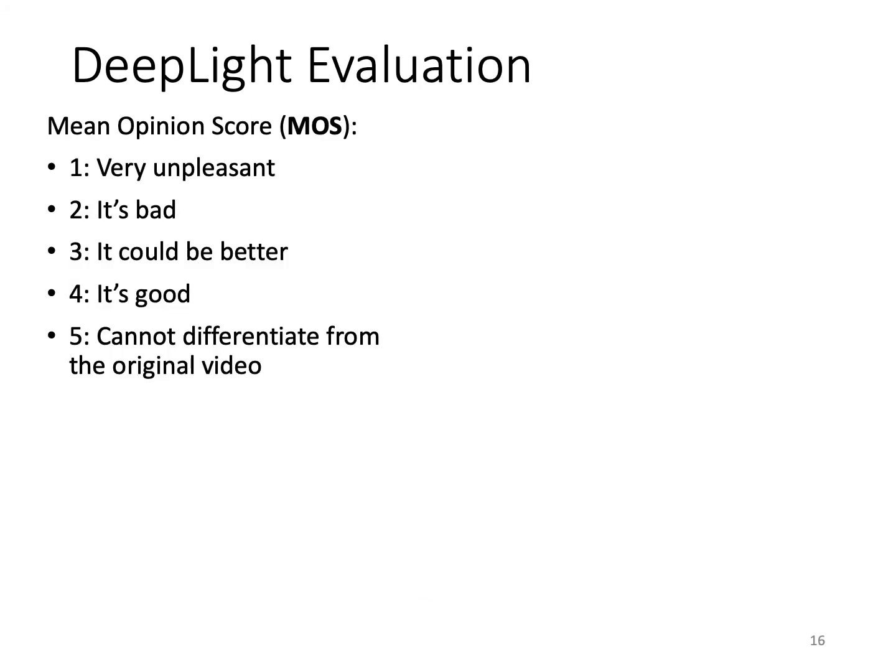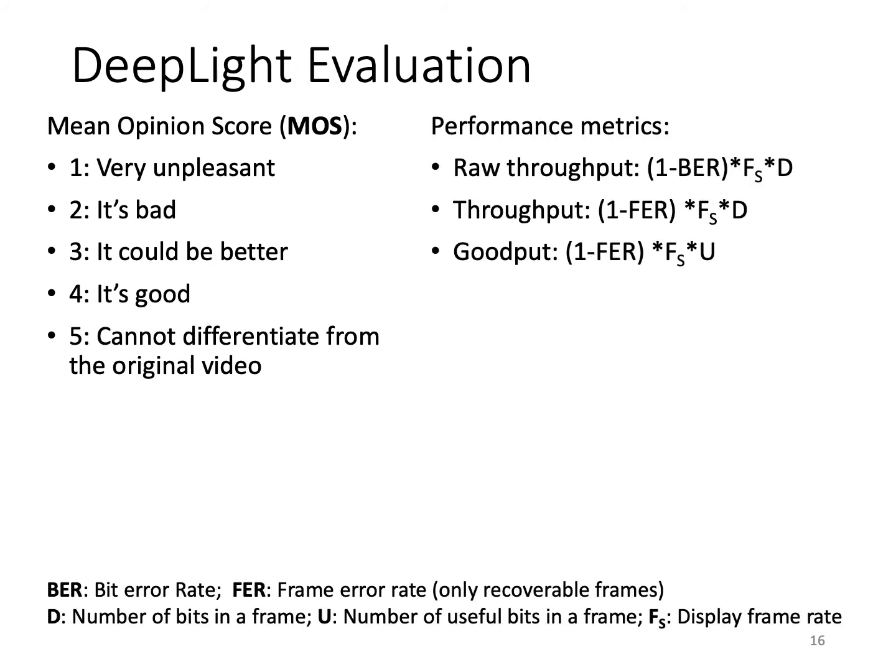Before going to the evaluation of DeepLight, I want to define some performance metrics. We use mean opinion score to measure the visual quality of modulated videos. A score of 1 means very unpleasant, and a score of 5 means it is as good as the original video. The raw throughput counts all the bits that match the transmitted bits.